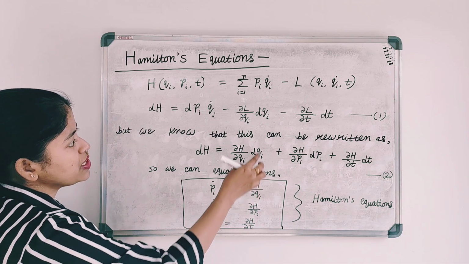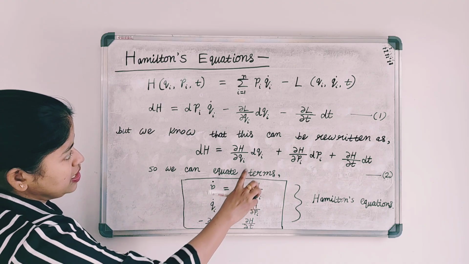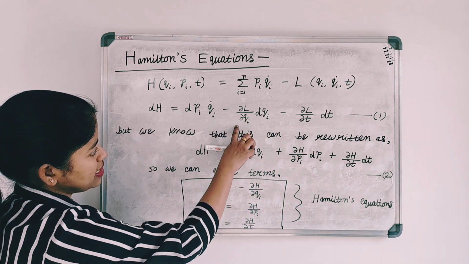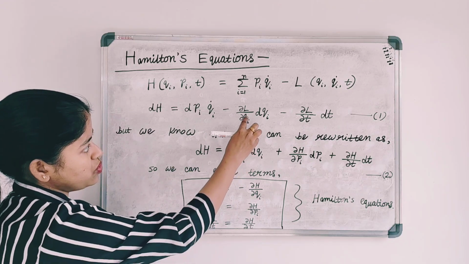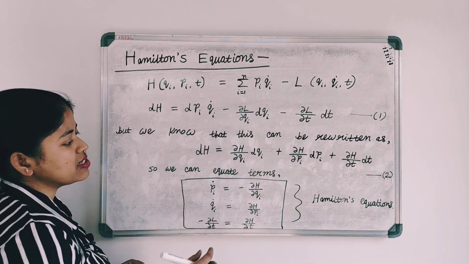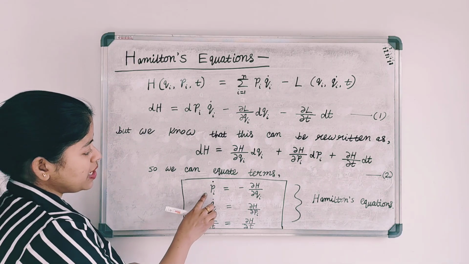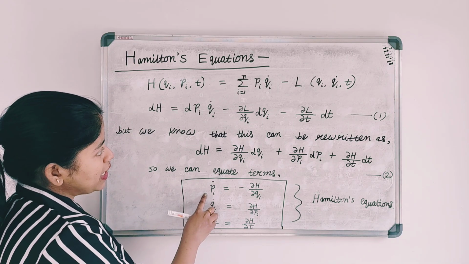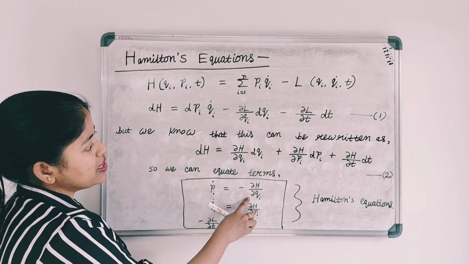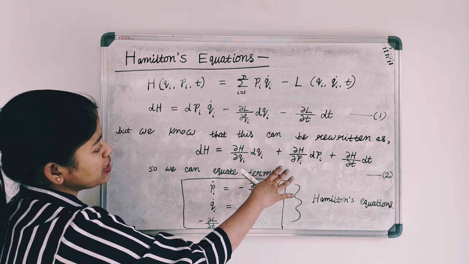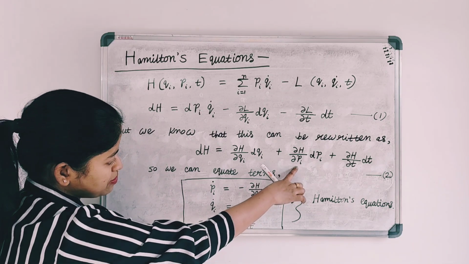So here, equating these two equations, we can see that minus del L by del qi is actually pi dot, since del L by del qi is equal to pi dot from the Lagrange equation. So pi dot is equal to minus del H by del qi, and from the other term we can see that qi dot is equal to del H by del pi.